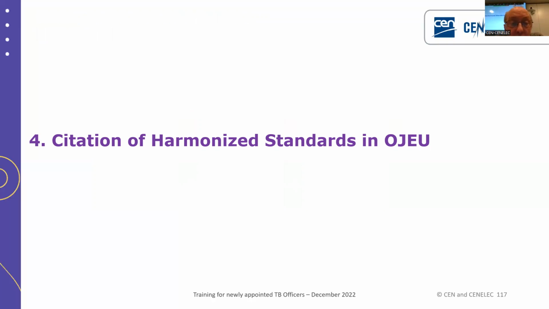Now I will continue to explain the relation with another important actor for CEN and CENELEC. It is the relation with the legislator, the European legislator, and mainly the way to collaborate with the European Commission is through the publication of harmonized standards.